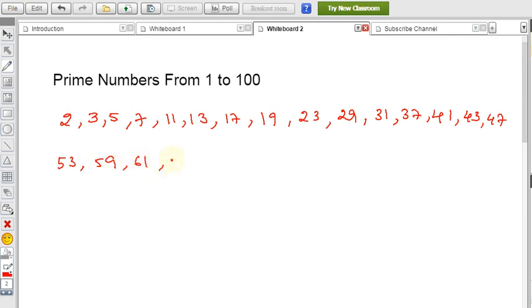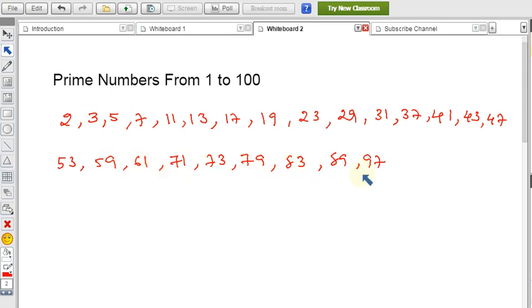61, 71, 73, then 79, 83, 89, 97. These are the prime numbers from 1 to 100.